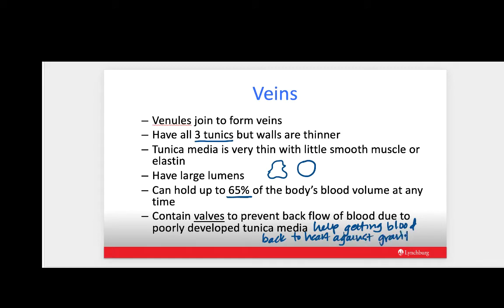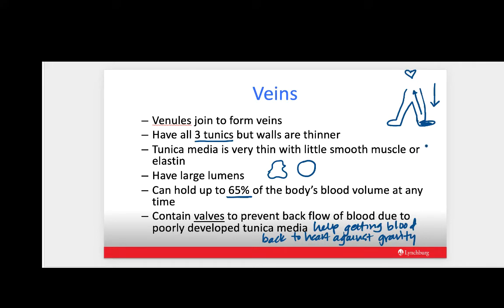Okay, because gravity is constantly pushing the blood down. If here's your legs, right? Gravity is constantly pushing blood down, and it's going to want to pool in your feet. Well, we need help being able to get that blood back up to your heart.